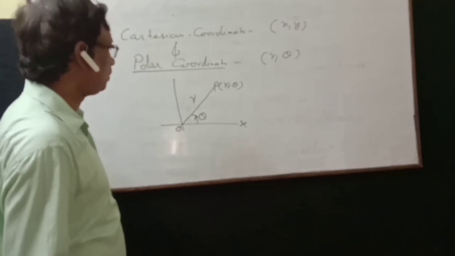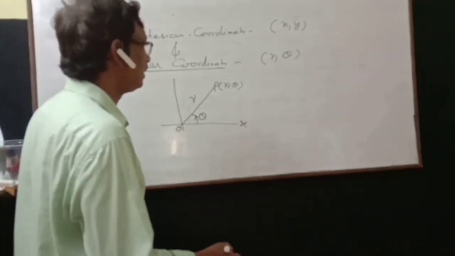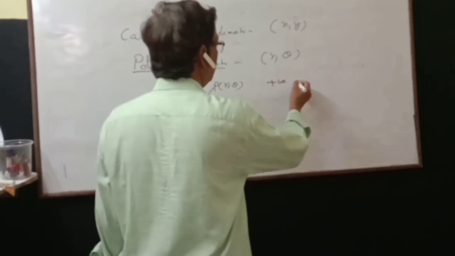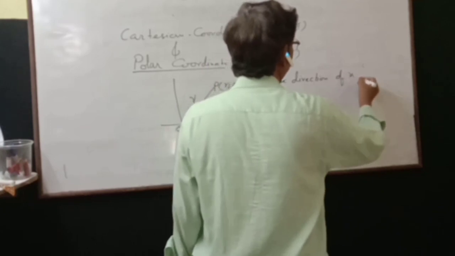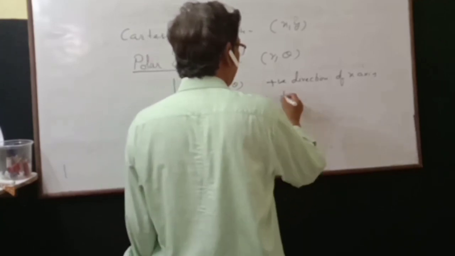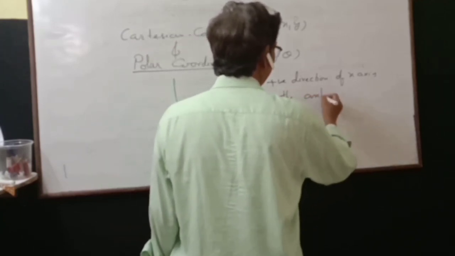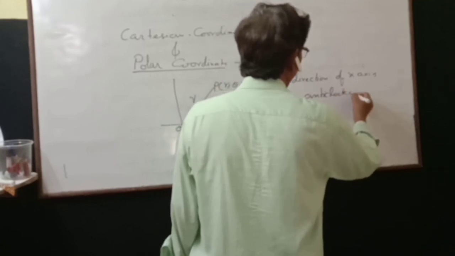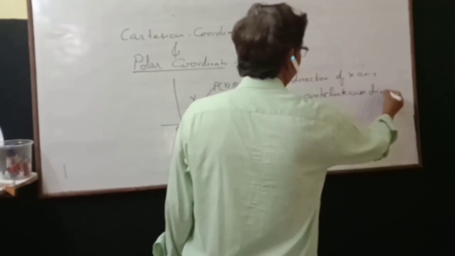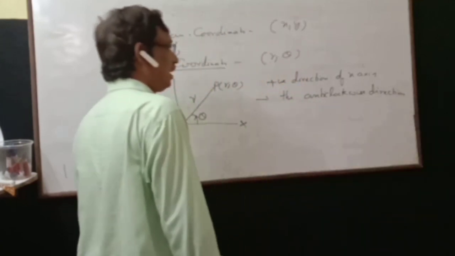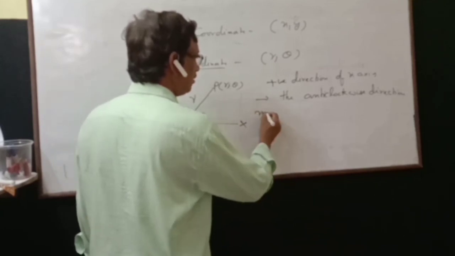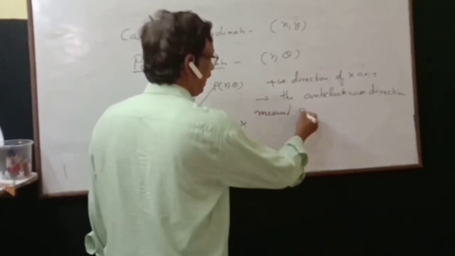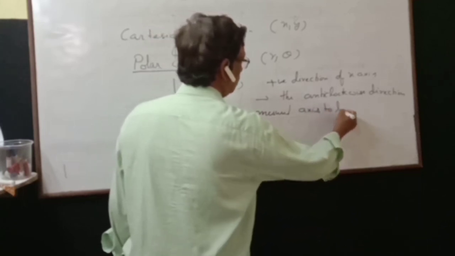Here we discuss the positive direction of the x-axis. The positive direction of the x-axis means the anti-clockwise direction, measured from axis to line.